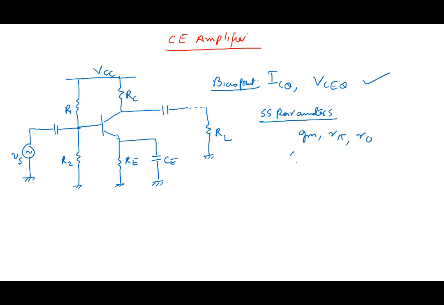And in high frequency, we have given you expressions to calculate C pi, C mu, all of these small signal parameters. So that's something else that you should know.